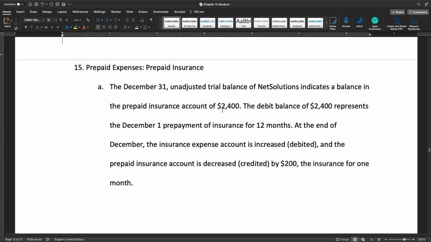So this shows our payment for our insurance for 12 months. At the end of December, the insurance expense account is increased or debited, and the prepaid insurance account is decreased or credited by $200. So for the next 12 months, we paid $2,400. Do 2,400 divided by 12. Each month, we're going to have used up $200 of our insurance.